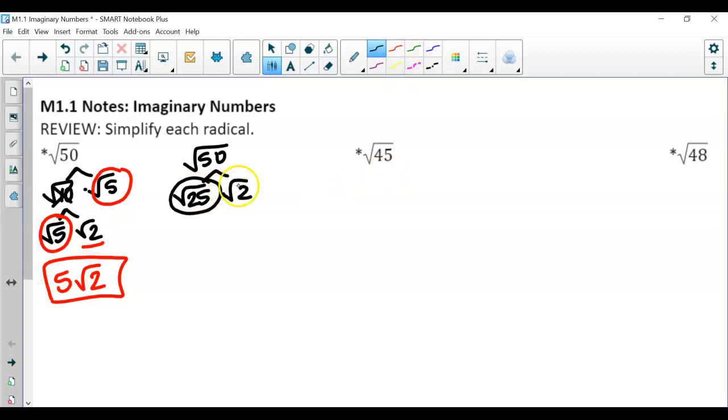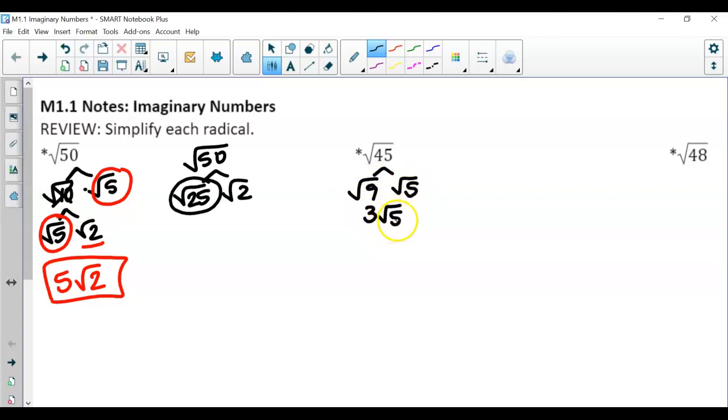I'll just focus on perfect square factors. So here, 45. What's a perfect square factor? 9 and 5. So here you have square root of 9 times radical 5, and the square root of 9 is 3.